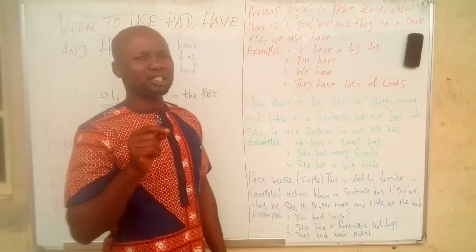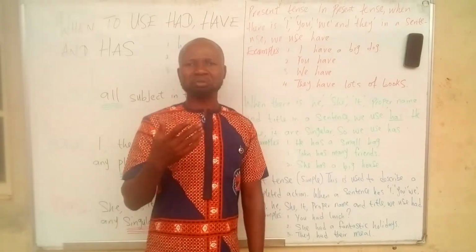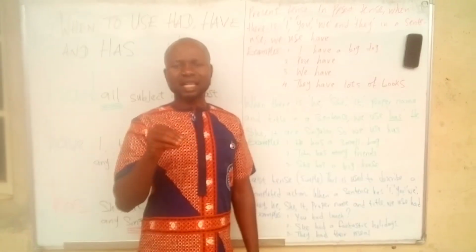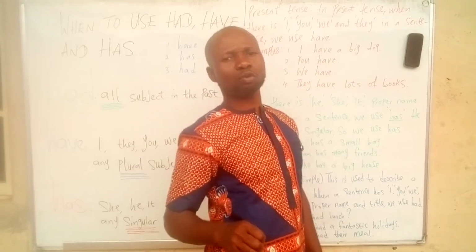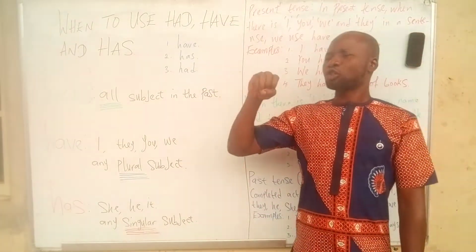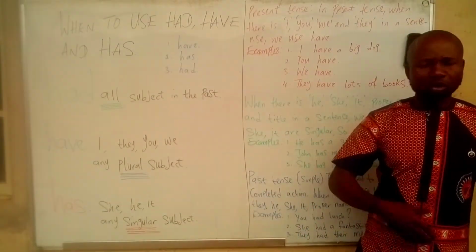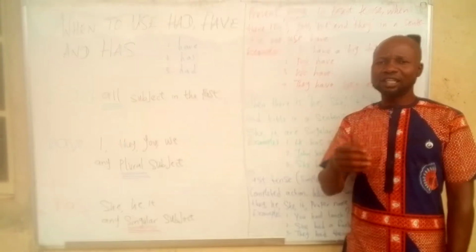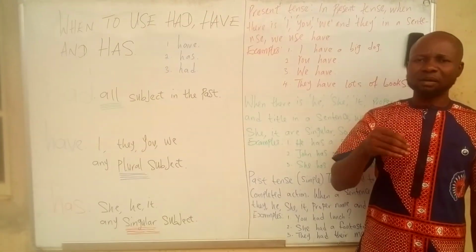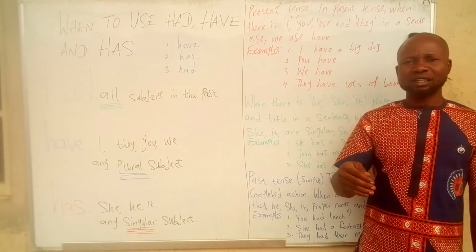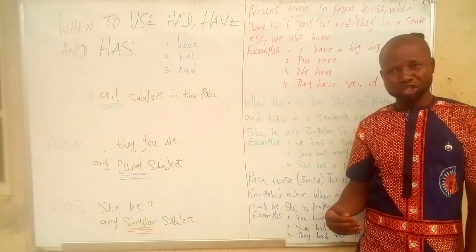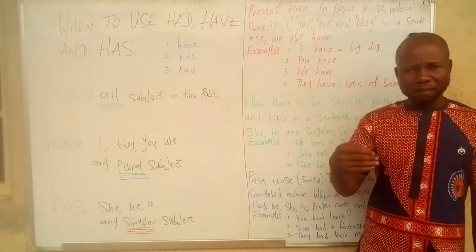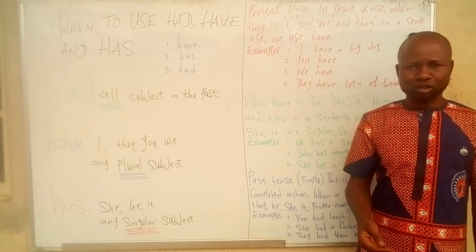Let me buttress this point concerning title. For example, there's a difference between name and title. When someone is conferred or awarded or given another name that is aside the biological name, maybe because of a position or a merit, that is called a title.